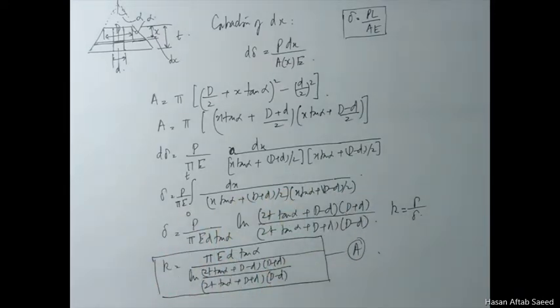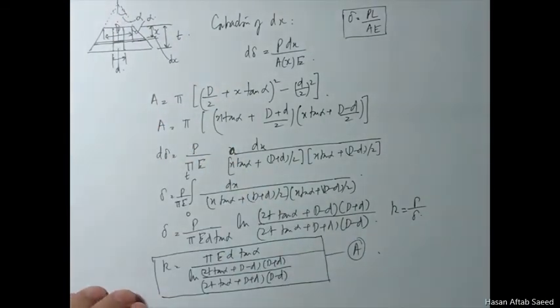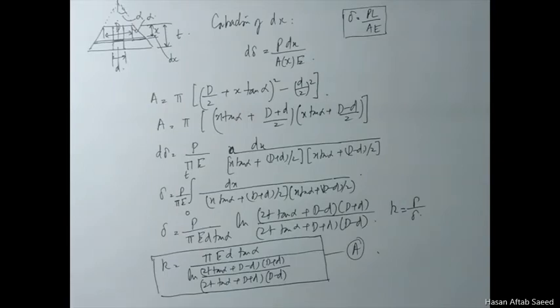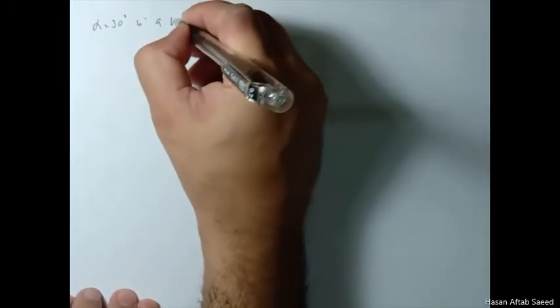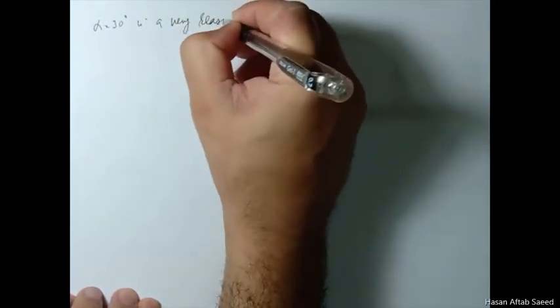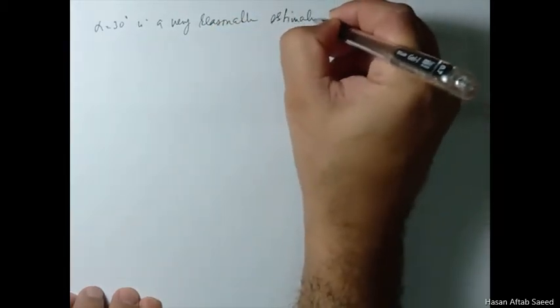Now experiments have told us that for this alpha, which we took as a variable here, 30 degrees is a very reasonable estimate from experiments.